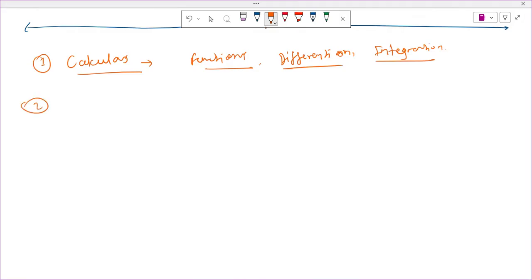Second part you can have algebra. Algebra means matrix, determinant, and vector.